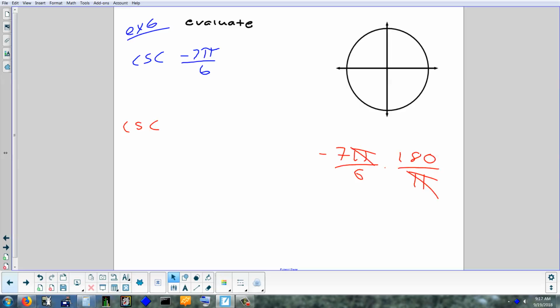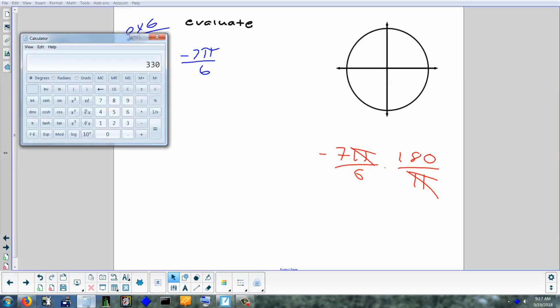Pi's cancel. I'm not even going to reduce it because I'm just going to type it all into the calculator. I know I can divide 6 into 180. Don't worry about it. So negative 7 times 180 divided by 6. I get negative 210. What do I want to do with negative 210? Yeah. Add 360. So I'm working with a 150 degree angle.